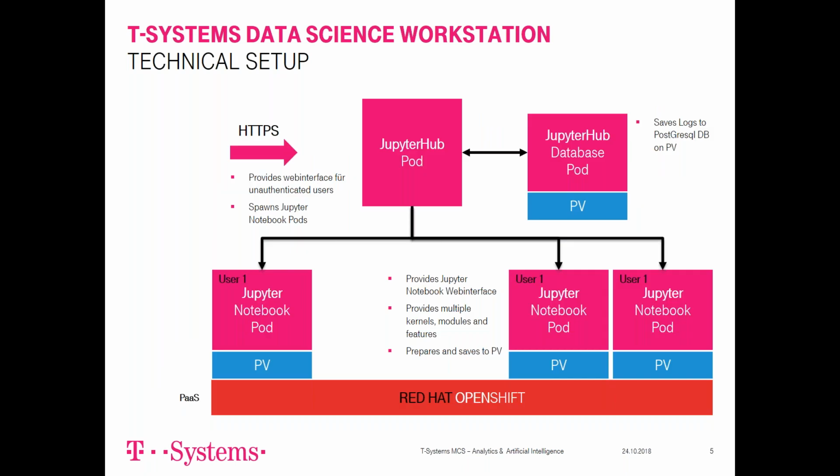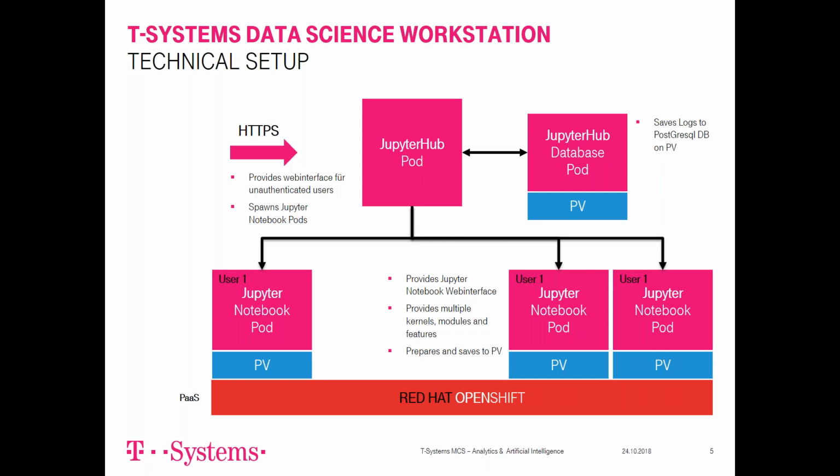So let me tell you how the Data Science Workstation actually works. You can access the workstation via your browser. So you get a link, and via HTTPS you can access the pod, this is a kind of container, on the OpenShift JupyterHub.